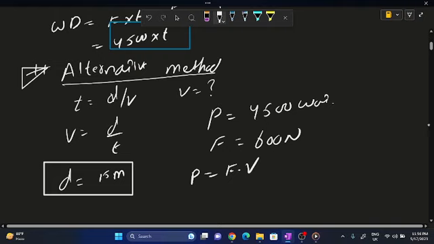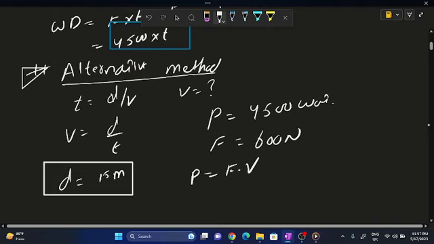No doubt you can use the previous method as well, the equation of motion 2as is equal to vf square minus vi square, but for that you need initial and final velocity that are not given over here, so you cannot use that one. You can use s is equal to vi t plus 1 by 2 at square, but for that you also need time, that's not given over here, so that messes up.